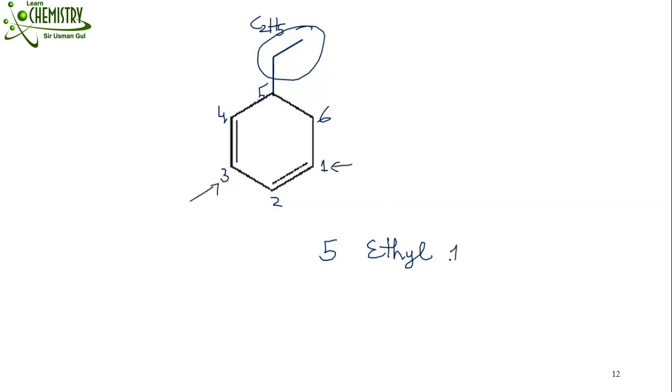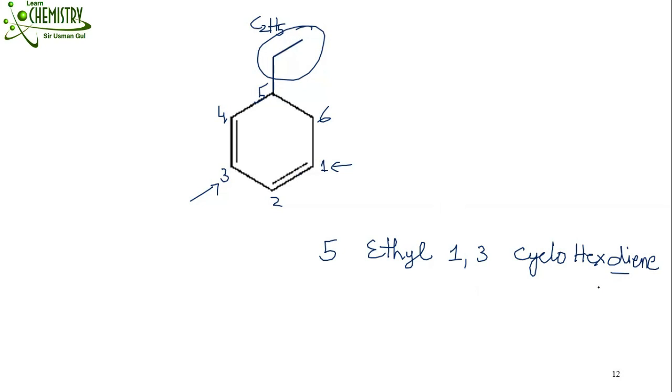So I will write 1,3, and after that this is a cyclic compound, so I will write cyclo, and there are 6 carbons in the ring, so I will write cyclohex, and as we have two identical double bonds, I will write diene. Why have I written di? The reason is that it has two identical double bonds in the ring. So this is the complete name of this compound.